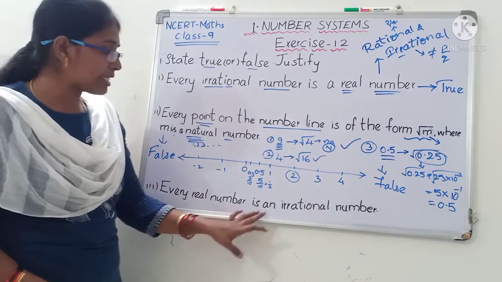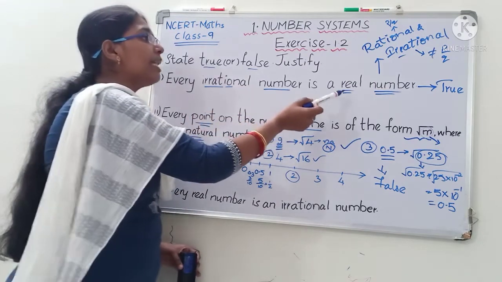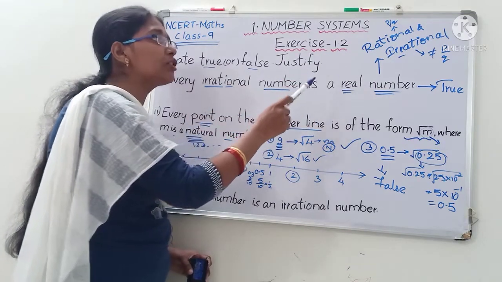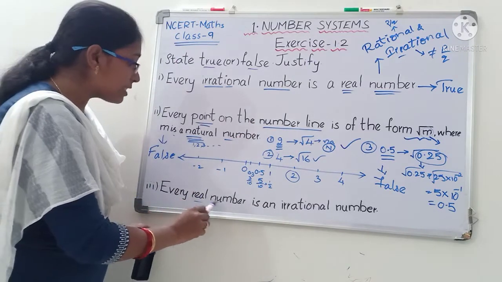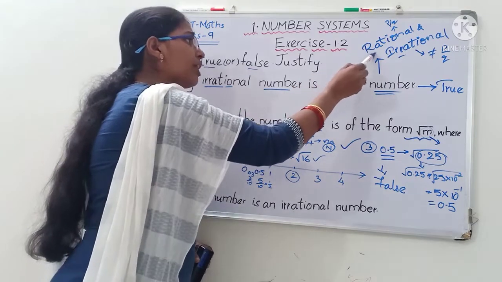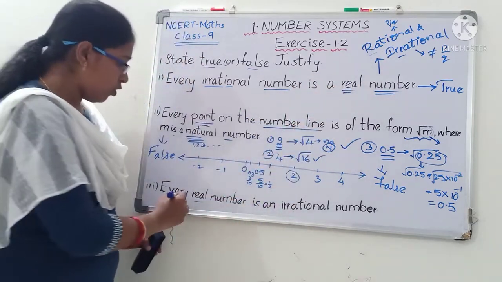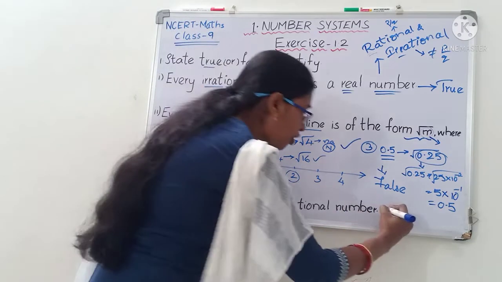Every real number is an irrational number. Just now you came to know that real numbers are nothing but a combination of rational numbers and irrational numbers. That means real numbers don't contain only irrational numbers. Real numbers also contain rational numbers. So, this statement, every real number is an irrational number, is false.